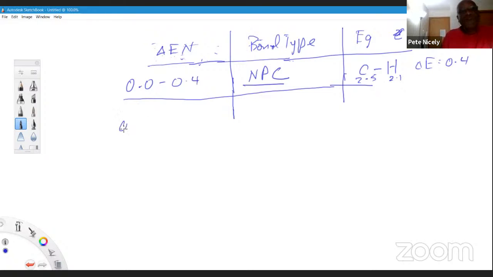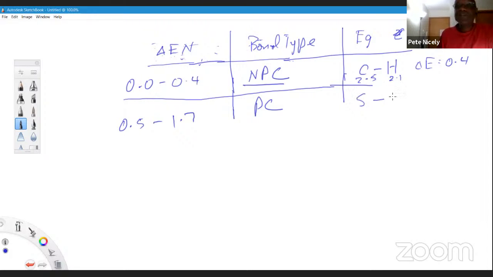Now, if the difference goes from 0.5 to 1.7, then the bond is essentially polar covalent. An example of that would be a bond between sulfur and chlorine.